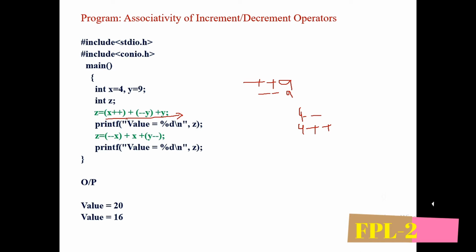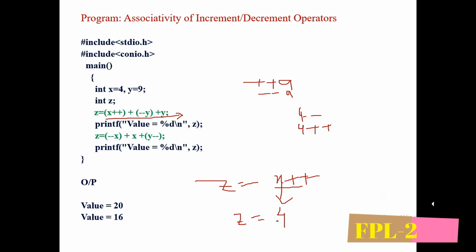Here in brackets you have plus and plus, plus and plus plus. First the brackets are solved, so x will become x plus plus. Here z is equal to x plus plus, so we will immediately write the value of x, that is 4, and then the value of x will be increased, which doesn't matter in our expression.